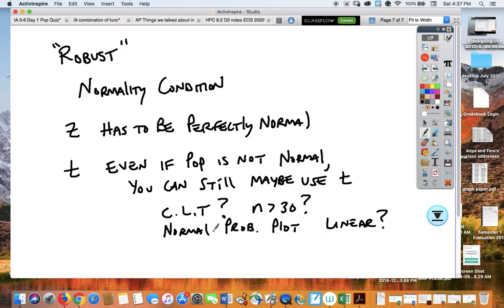If that works, or if central limit theorem works, then you can still use T procedures. So that's what robust means. Even if your population is not normal, there's a little bit of wiggle room because T is robust. It stands up to a lot of abuse, I guess you could say.